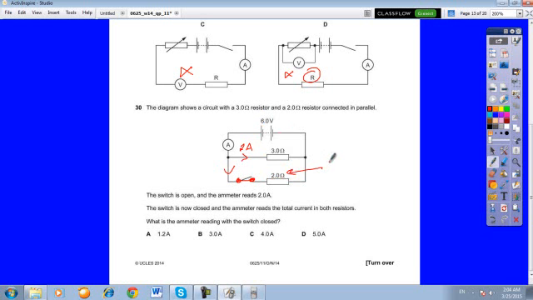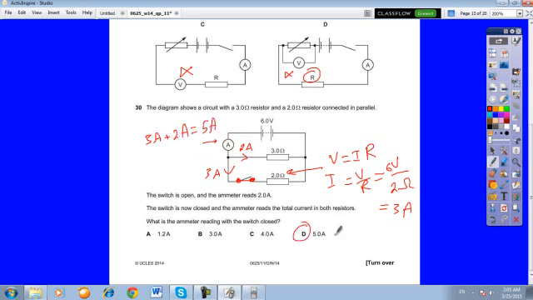So V is equal to IR, which means that I is equal to V divided by R, equals 6 volts divided by 2 ohms, which is equal to 3 amperes. So 3 amperes in this branch and 2 amperes in this branch. Ammeter A will read 3 amperes plus 2 amperes, which is equal to 5 amperes. D.